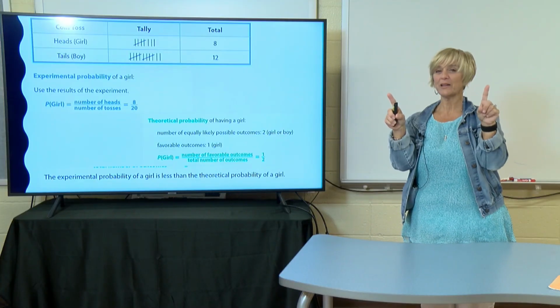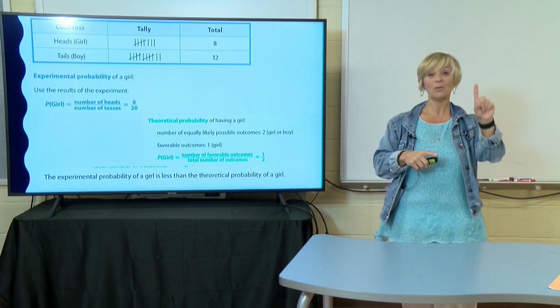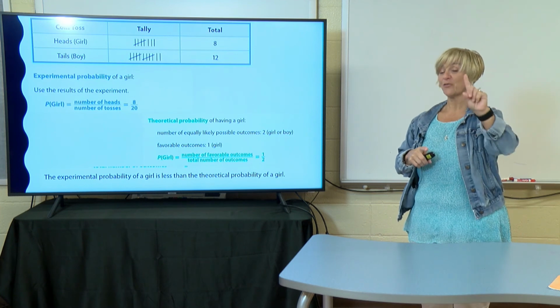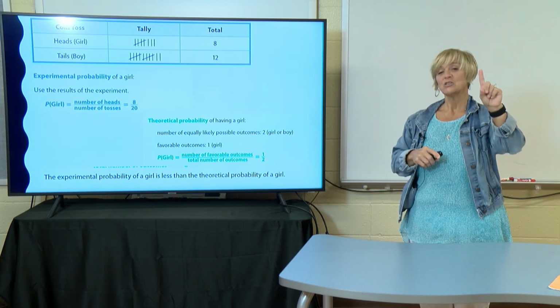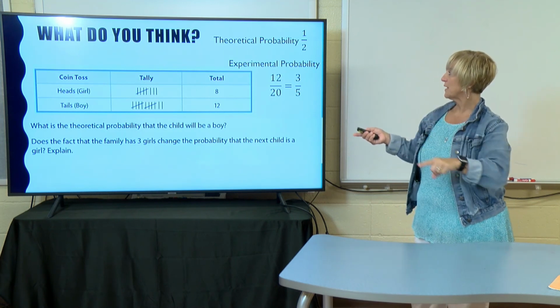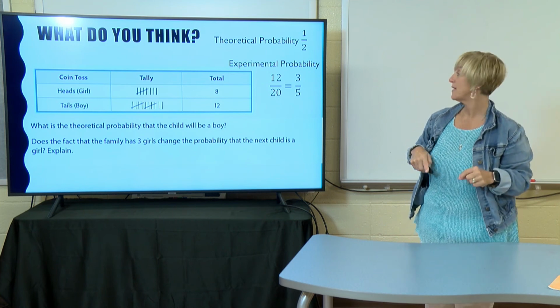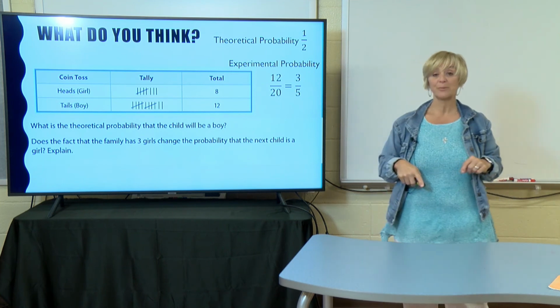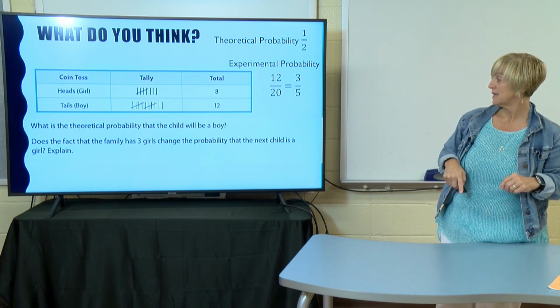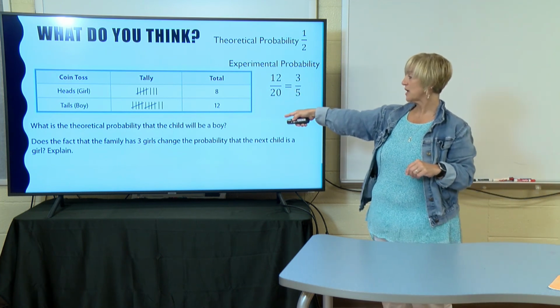So you can't really base it on a coin flip because in theory, there's only one possible outcome if they want a girl. So let's think about this. What do you think? The theoretical probability is 1/2. Their experimental probability was 3/5. It says, what is the theoretical probability that the child will be a boy?